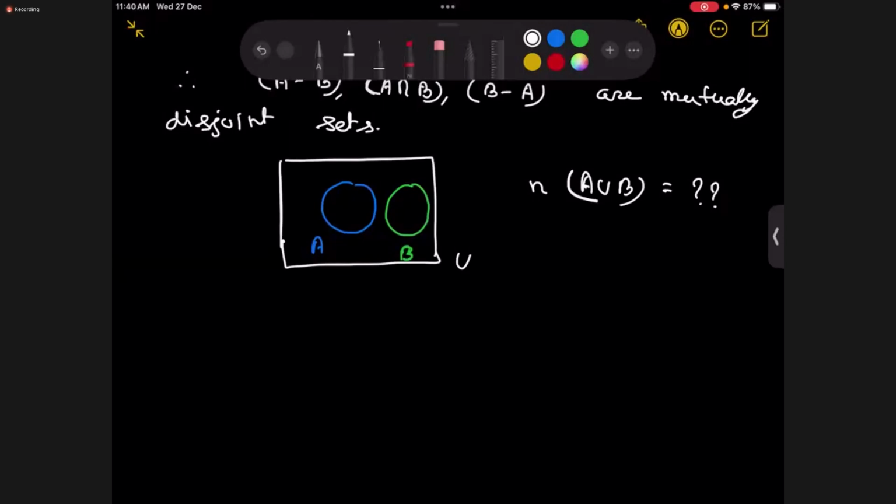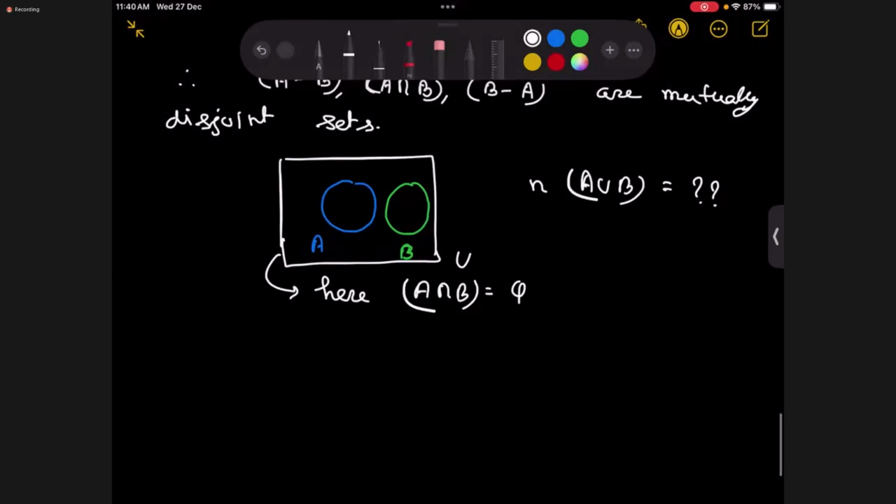One can easily observe from the Venn diagram that A and B have disjoint elements, that is, A intersection B equals the empty set.